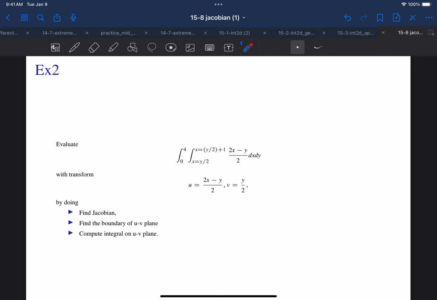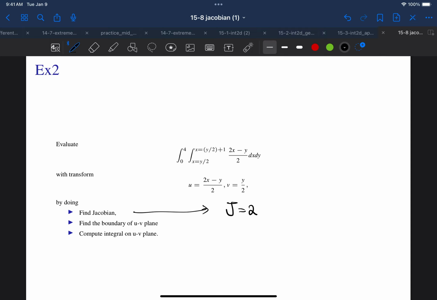So here there are 3 steps given for the substitution rule to compute this problem. We know that if the computation is correct, you should have 2 as the final answer. We have the Jacobian, which we already calculated, and it is 2.